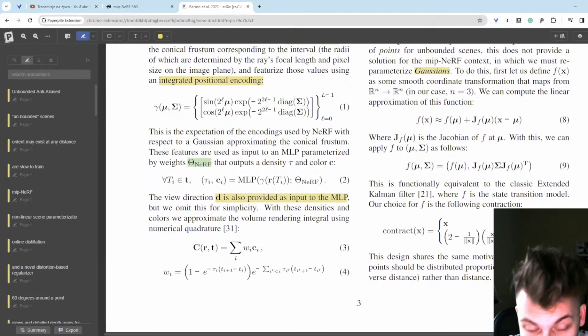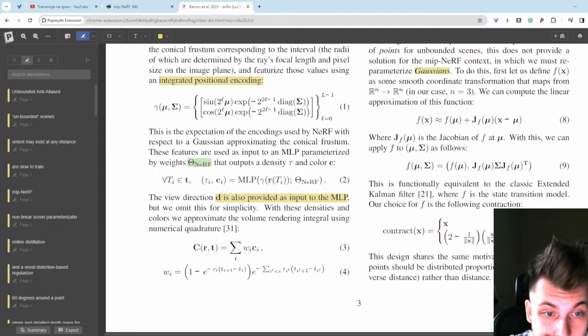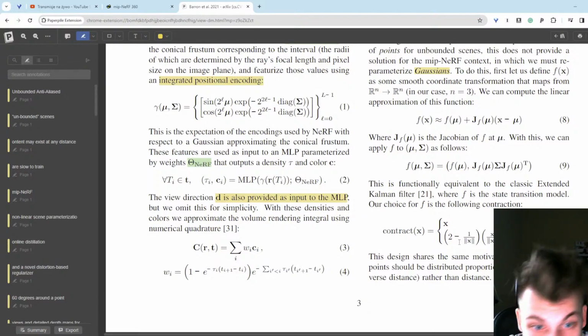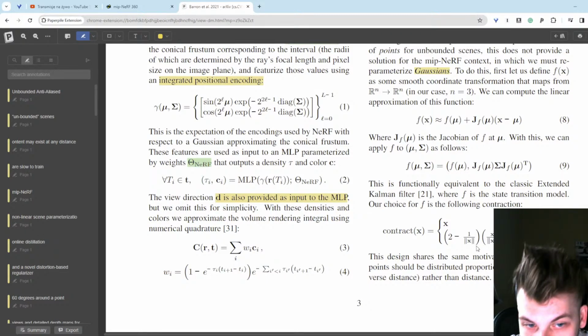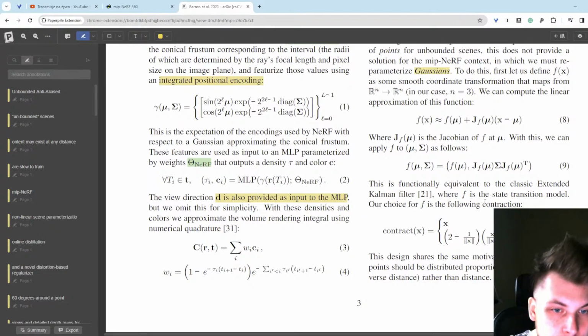But if this x is greater than 1, we have this contraction here, and this will allow us, if I read that correctly, to always be in between 1 and 2. Of course, like -1, -2 as well, right? So basically we'll have a ball of radius 2 around the origin, and all the points that are above 1 will always fit between 1 and 2 radius.